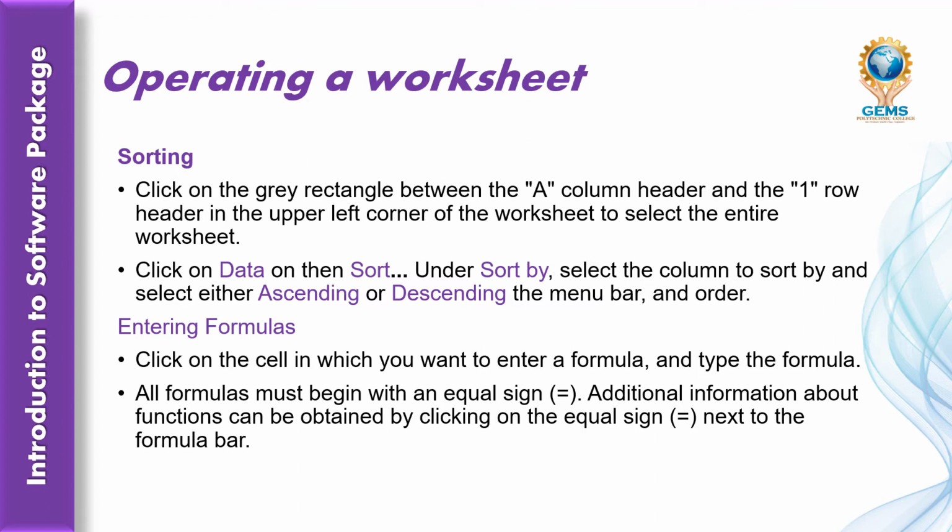Then click on Data, then Sort, then under Sort By, select the column to sort by and select either ascending or descending on the menu bar. That is the sorting option.